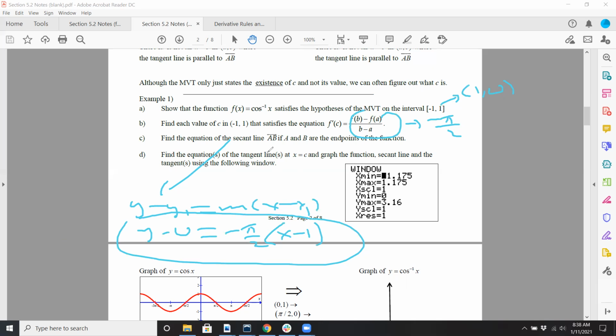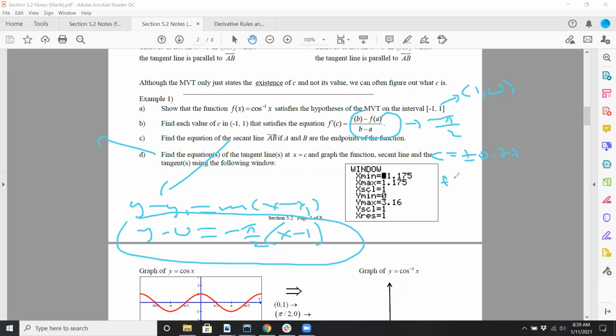Then you're asked to find the equation of the tangent lines at x equals c and graph the function, secant line, and the tangents using the following window. Now, unfortunately, I need to renew my license for the TI emulator, so I'll just do this in Desmos really quickly. But the equation of tangent lines, now remember, c equals plus or minus 0.77.